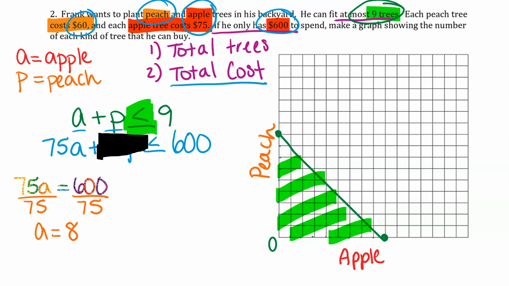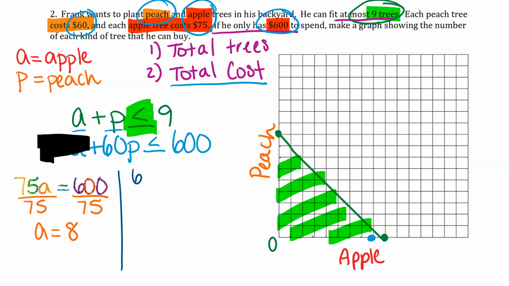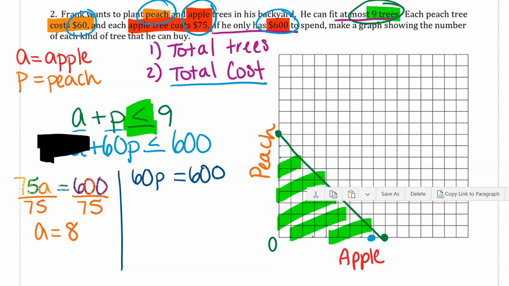The other one was 9. That blue dot I just put on there, that's 8. Now we're going to do this one more time with the peaches. I am going to cover up the apples. If I only wanted to buy peaches, I would divide by 60 to see how many peach trees I could buy.